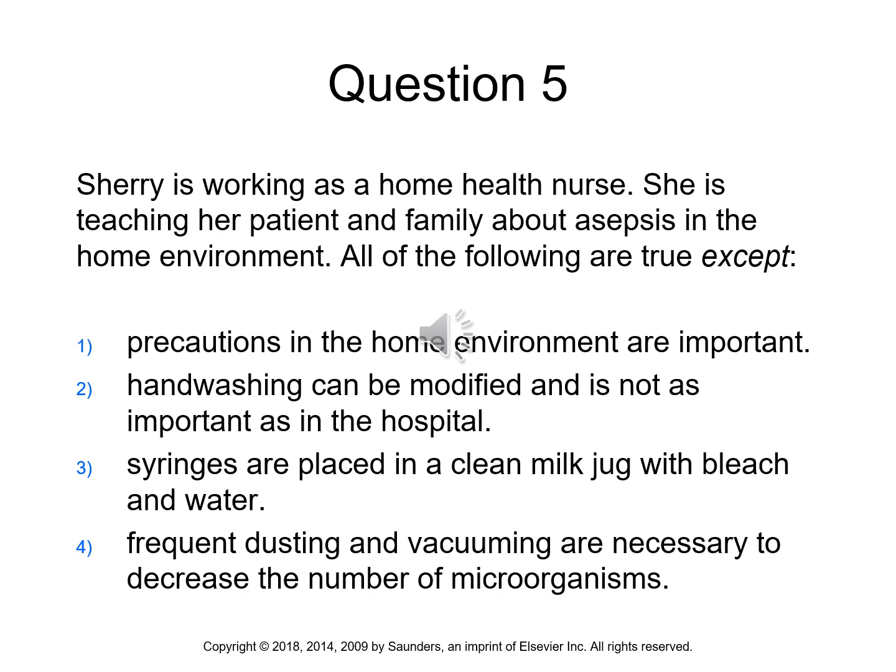Syringes are placed in a clean milk jug with bleach and water. 4. Frequent dusting and vacuuming are necessary to decrease the number of microorganisms. So the answer here is going to be number 2. Hand washing can be modified and is not as important as in the hospital. Hand washing is always important. Again, it's the most effective way to prevent the spread of infection and prevent the spread of microorganisms.